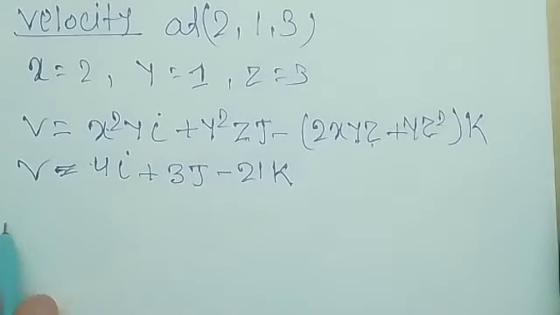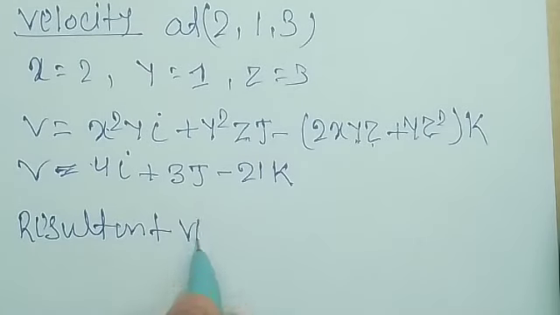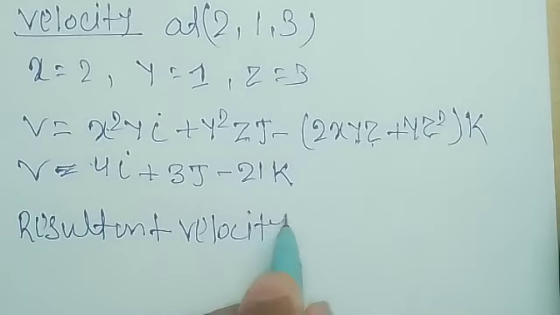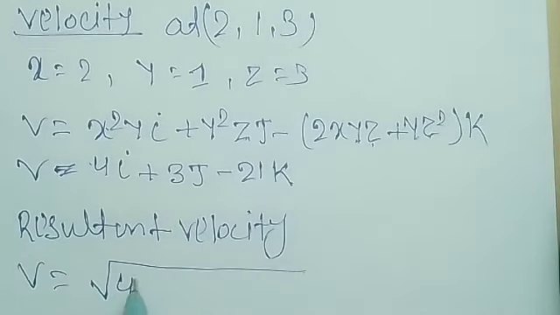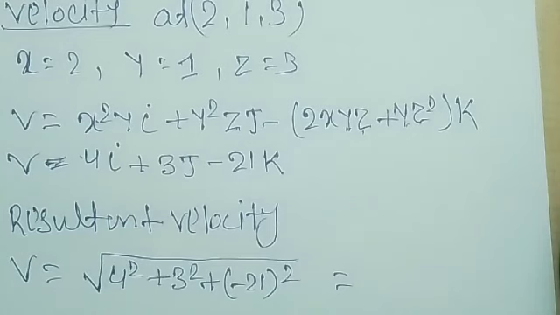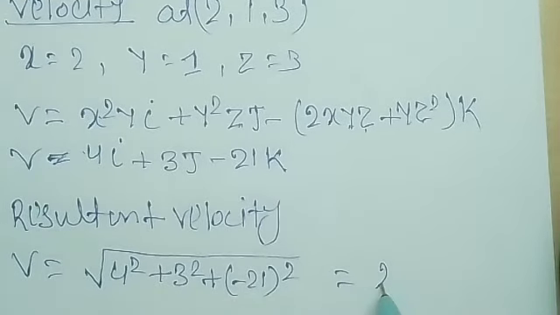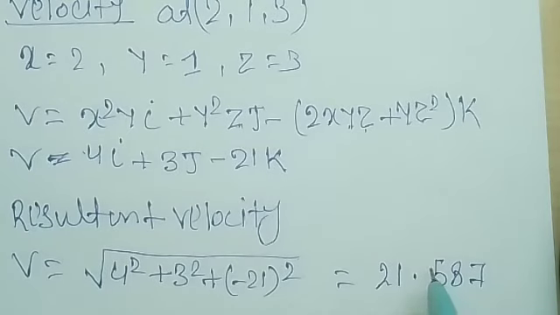So the resultant we have to find. The resultant velocity V is equal to the root of the sum of squares of the coefficients: 4 squared plus 3 squared plus minus 21 whole squared. On simplification you get some value, let's say 21.587.